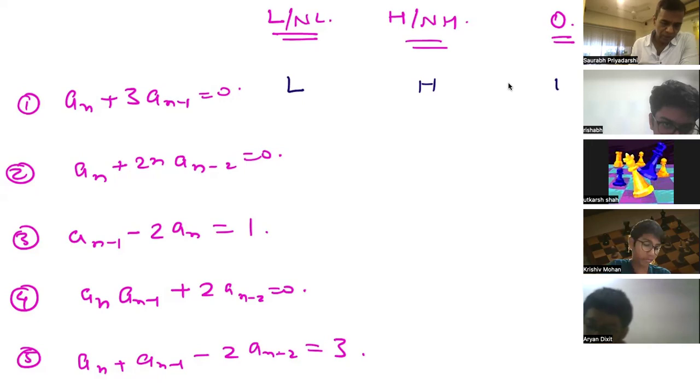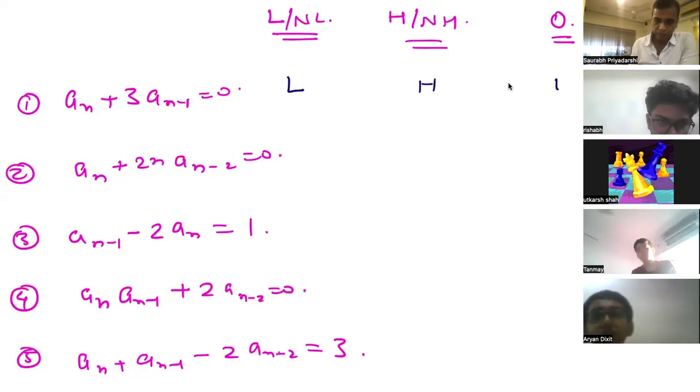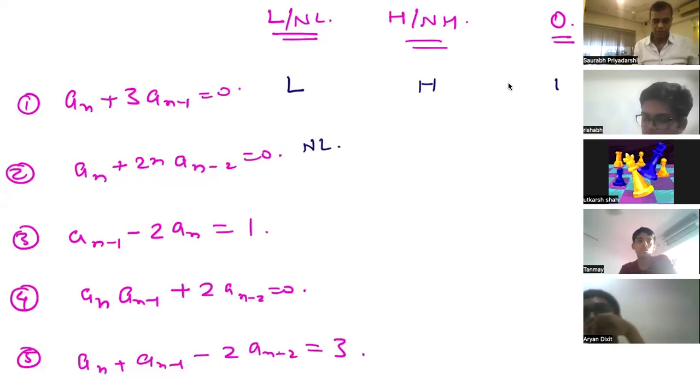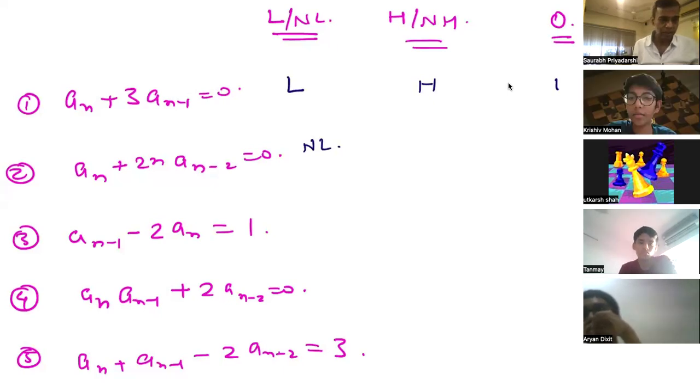Second one, linear, non-linear? Non-linear. Why non-linear? Explain this. Sir, a_n has power 1 while 2n and a_{n-2} has power 2.